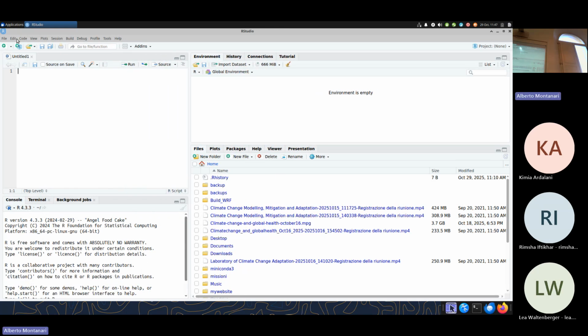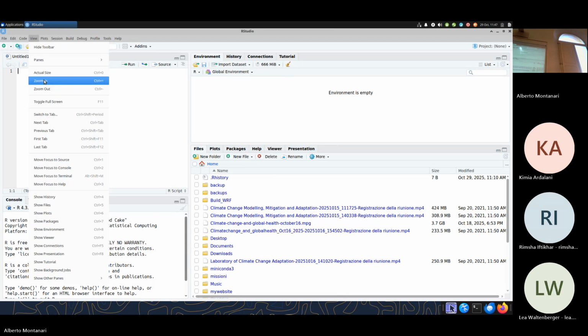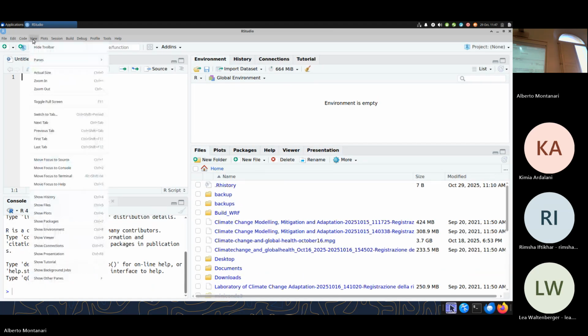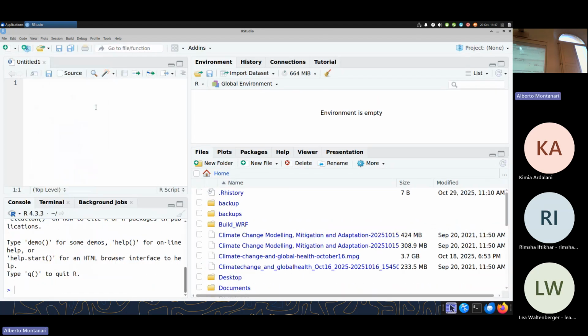Let me increase it again. Okay, you may see it a little bit different, but you recognize the structure of RStudio. There is a window which is the text file, the source code, sorry. And then there is the console here.